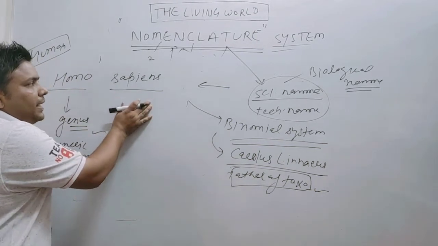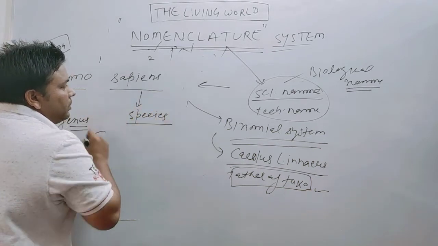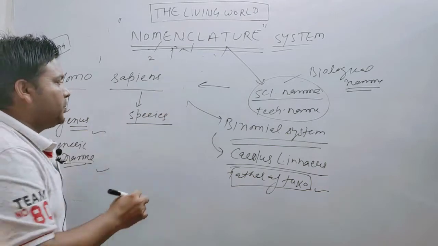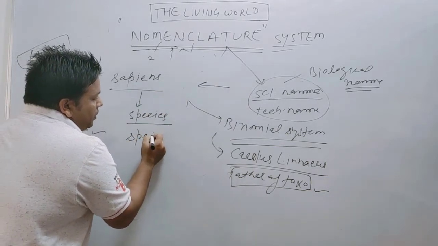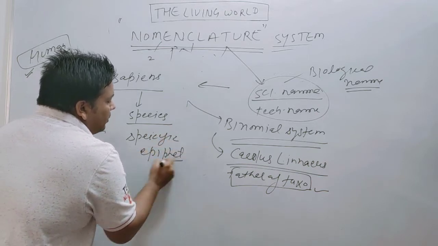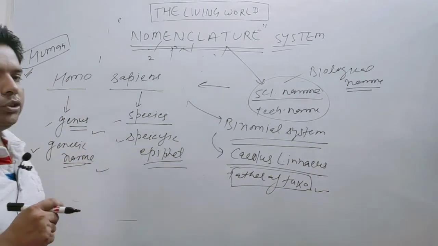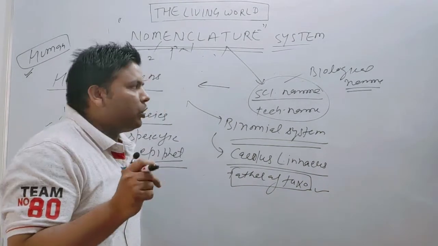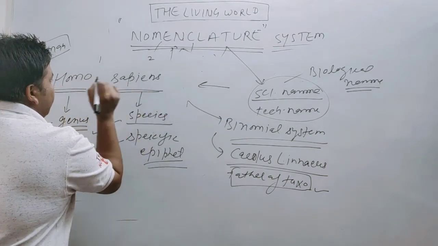Now comes the second word, sapiens, that will be called species. This name will be called species, और आप इसको स्पेसिफिक एपिथेट भी कह सकते हैं बेटा. Specific epithet, genus, generic name. तो this was given by Carolus Linnaeus, a binomial system of expression of names basically.